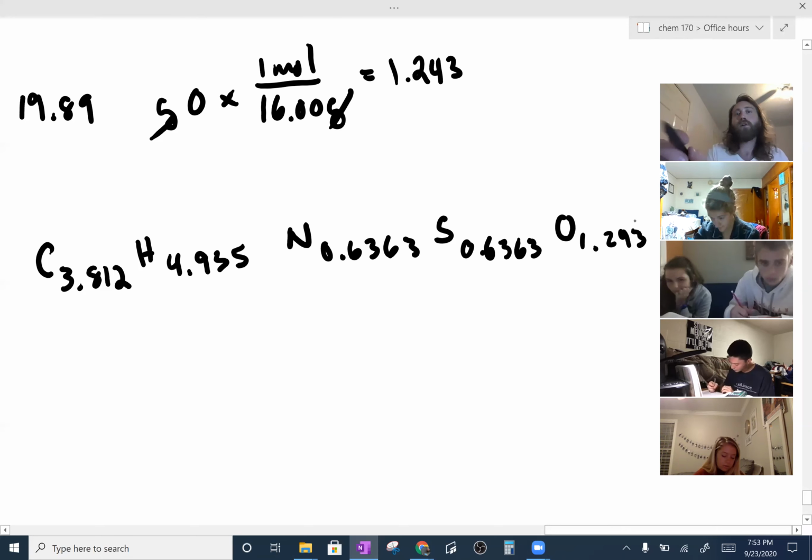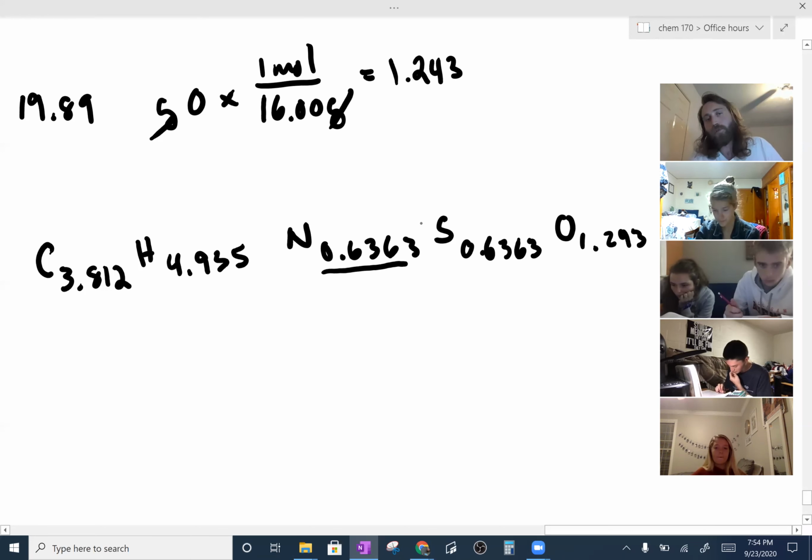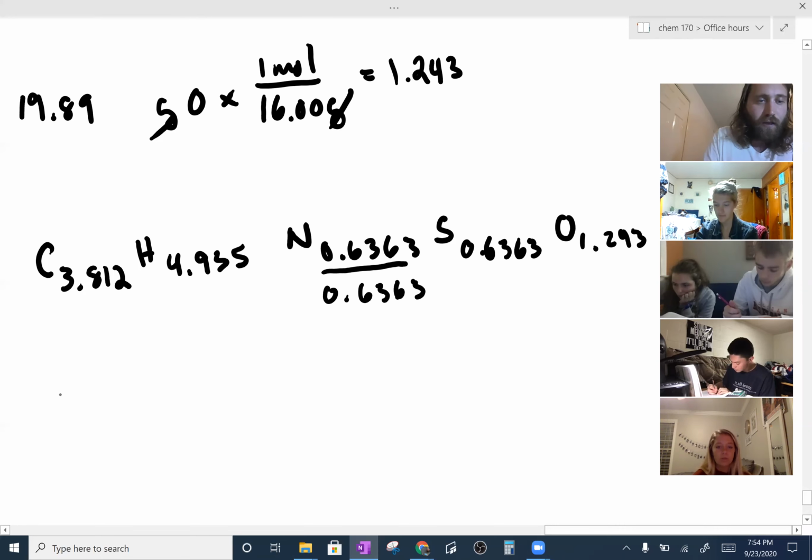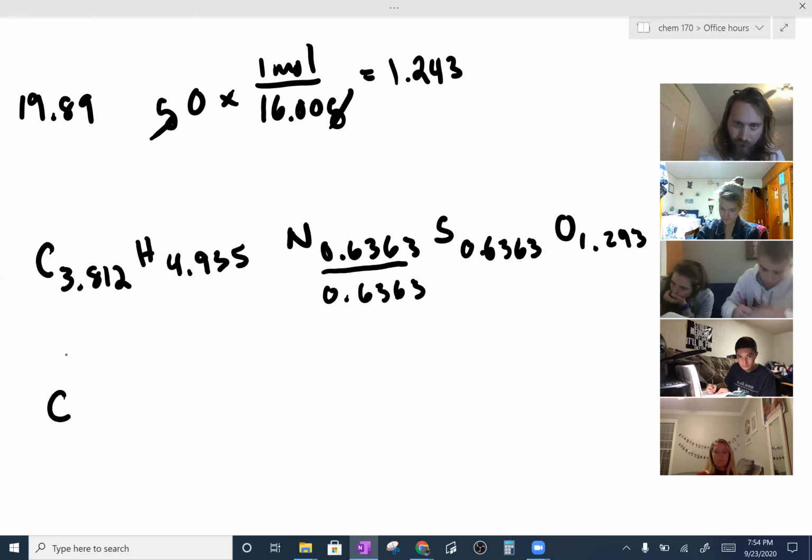Okay, now we're going to divide by the smallest number, which is the number of moles of nitrogen and sulfur. So each of these I'm going to divide by 0.6363. So carbon, 3.812 divided by 0.6363 is equal to 5.999999. So that's 6.